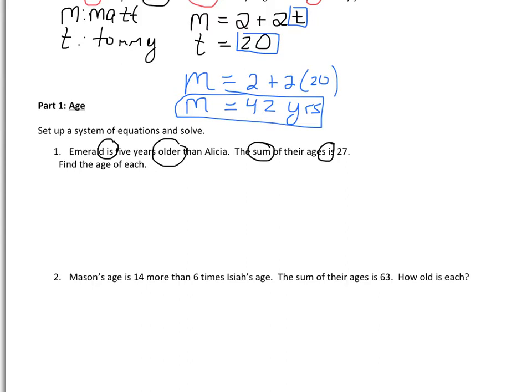So this would be that Emerald, E, is, which would be equals, 5 years older, so we're adding 5 plus Alicia. The sum of their ages, so Emerald plus Alicia, is 27.